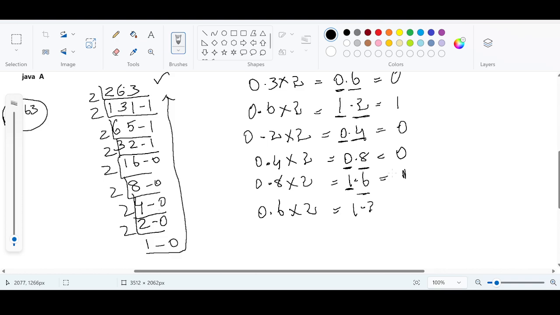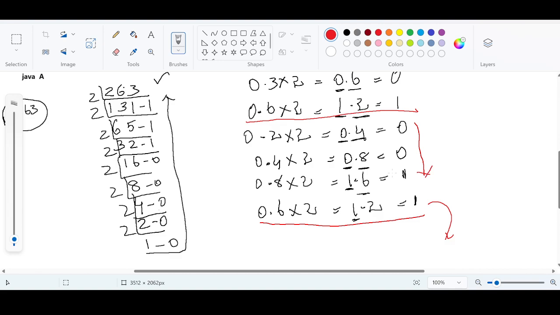You will get 1.2. You will collect 1. If you observe one thing here, we are going to get a pattern. This is similar to this line. If I keep doing this over and over again, don't you think that these steps will be repeated once again?